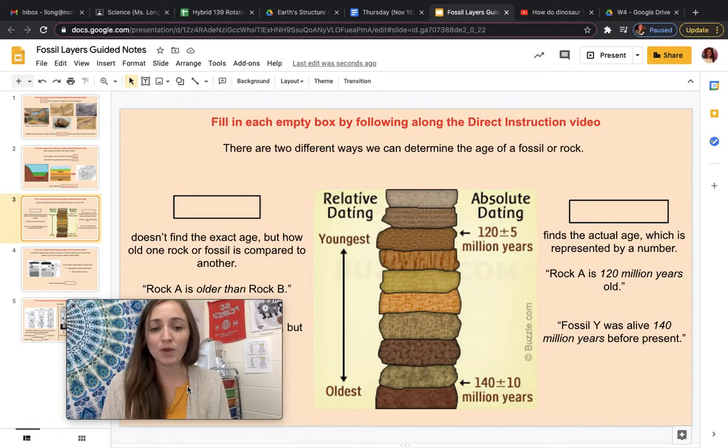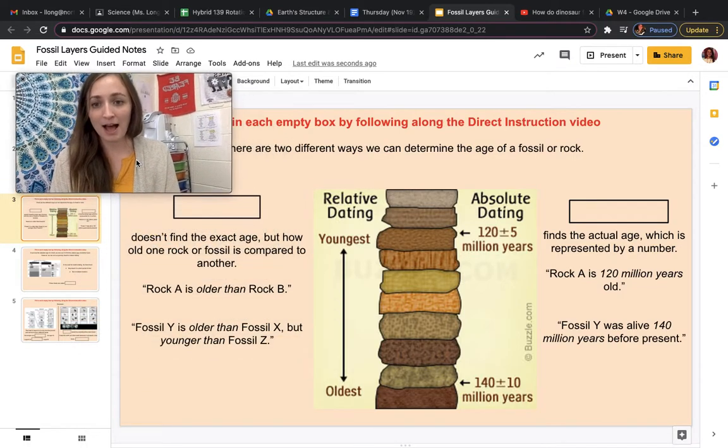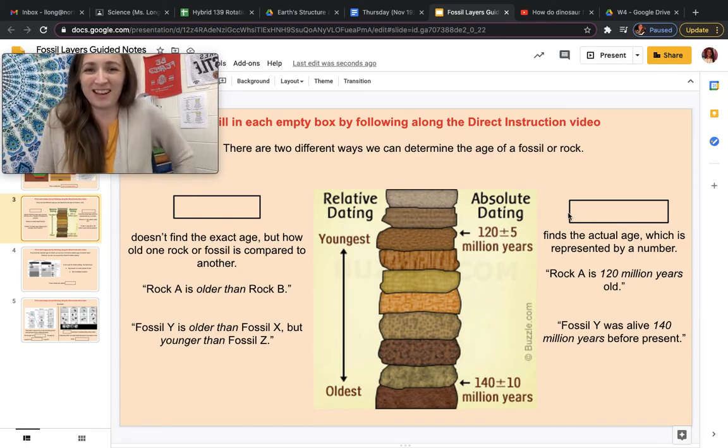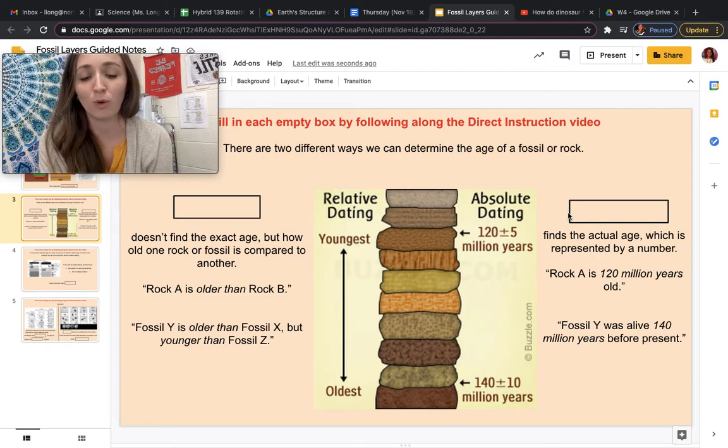Okay, so we as scientists have two different ways that we are going to determine the age of a fossil or a rock, because just finding a fossil isn't giving us too much information. It's super helpful to know how old this fossil or rock was, so we know, okay, this living thing was around during this time period or this many years ago.